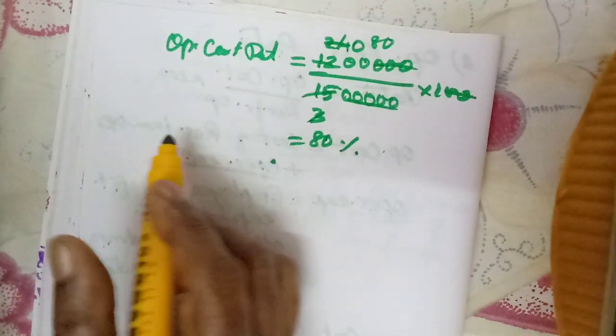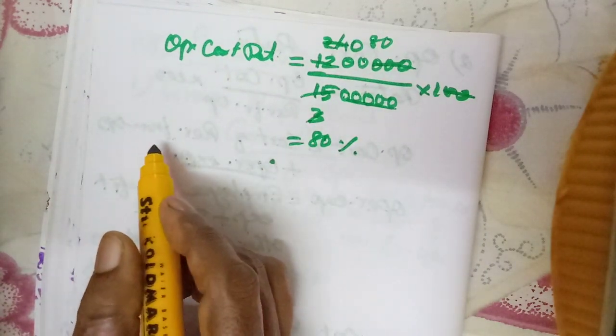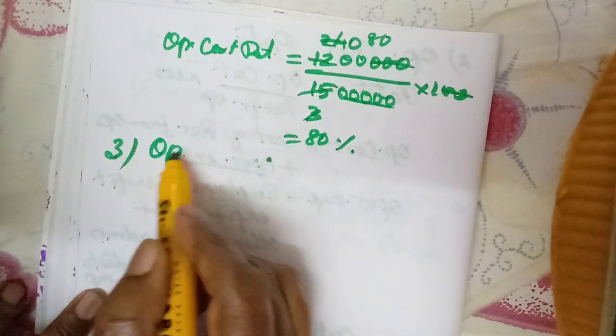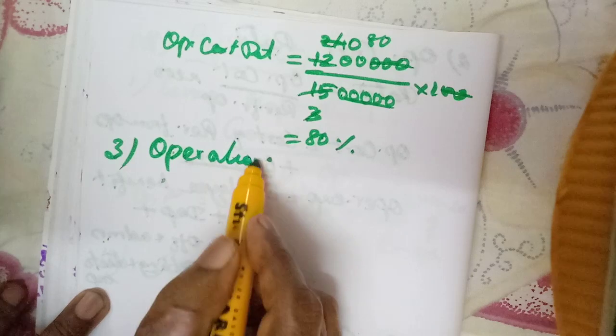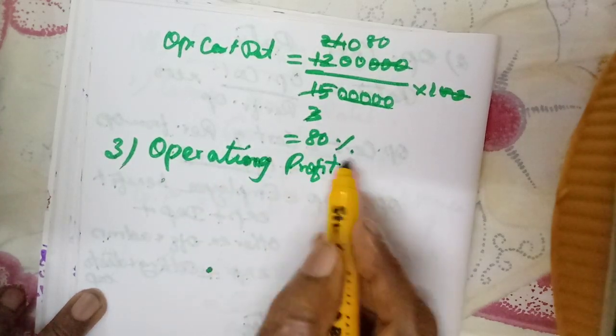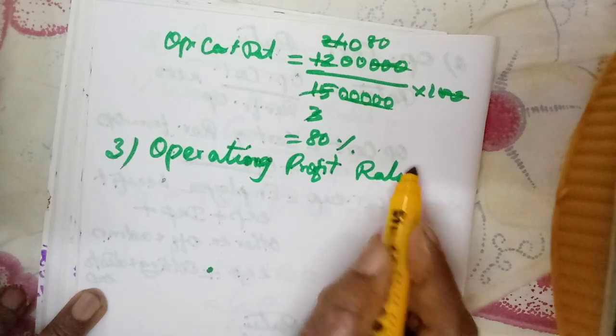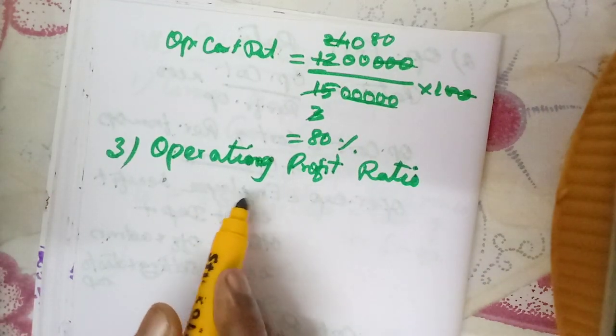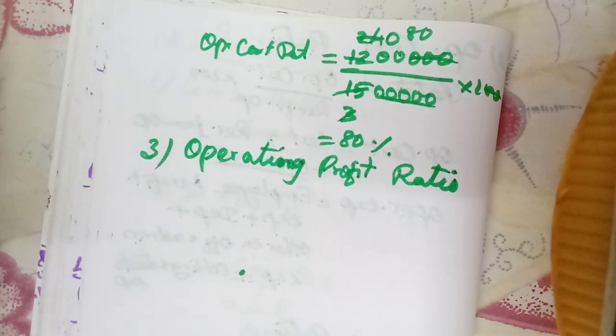Okay, next we will learn the operating profit ratio. Okay, third one, operating profit ratio. Operating cost ratio we have calculated. Now we need to calculate the operating profit ratio. Okay, what is the formula for operating profit ratio?